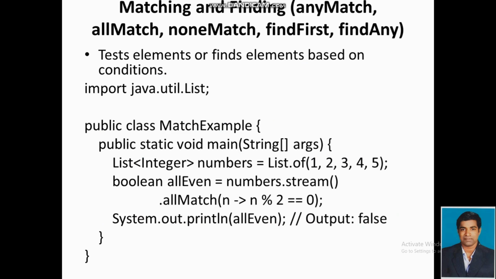After that, allMatch(n -> n % 2 == 0). It checks whether all the numbers match the even condition, and if any does not match, it immediately returns false. Then System.out.println prints the boolean value, which based on the predicate or condition is true or false.